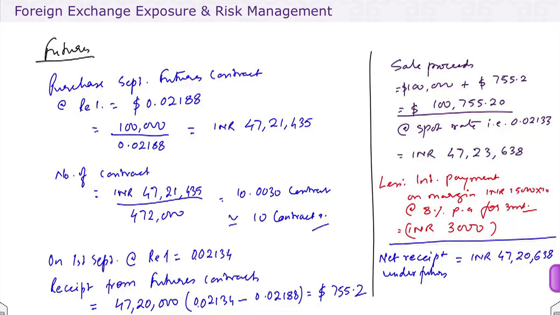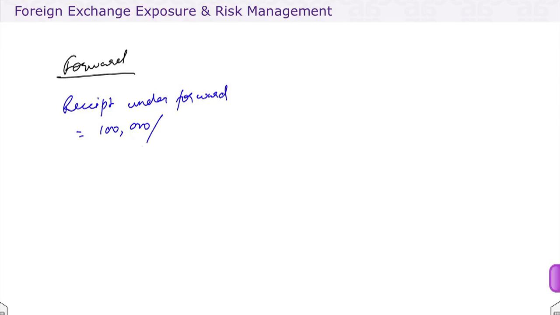If you do it under forward, the receipt under forward would be: you are entering into a requirement of 1 lakh USD at a forward rate.